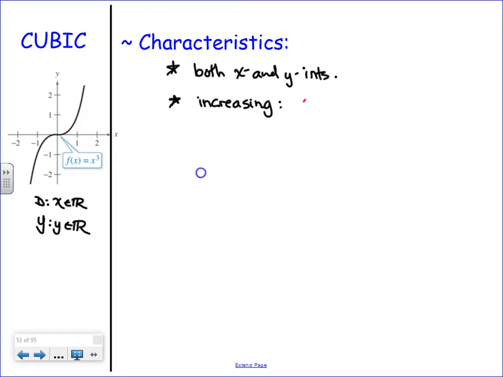If you want to make it super particular, we could say from negative infinity to 0, and then from 0 to infinity. We could technically ignore 0 because it's flat at 0, and you would be right. But we can also say it's increasing always. If you want to ignore that point for right now, since we don't know calculus, that's okay.